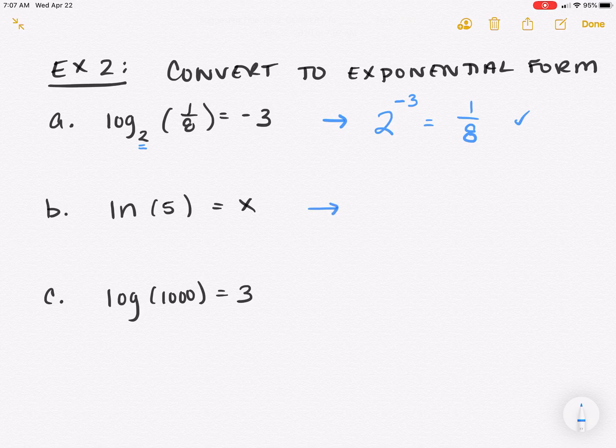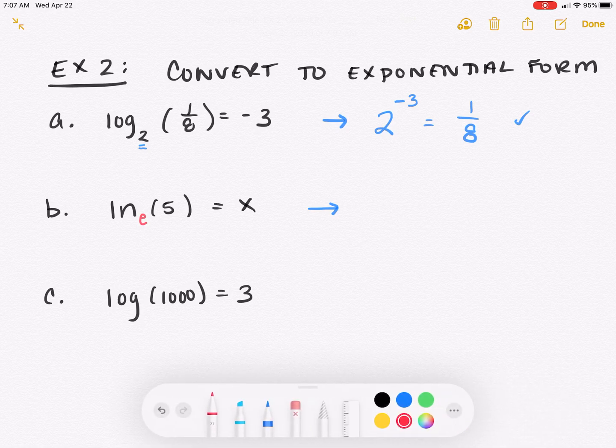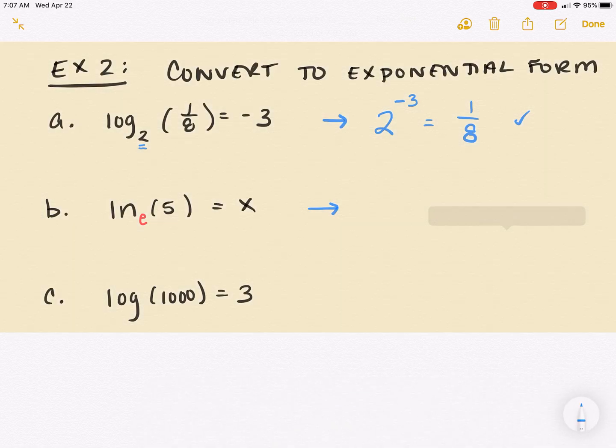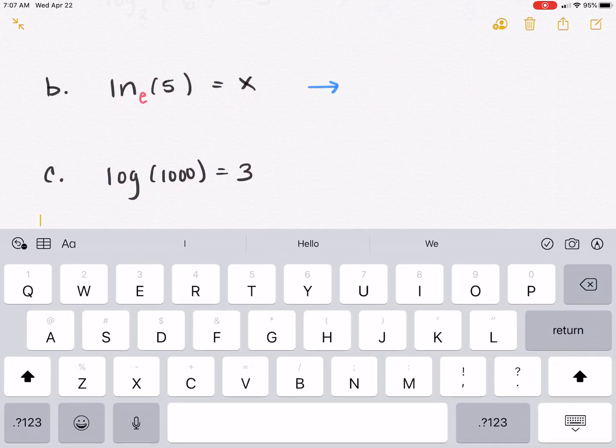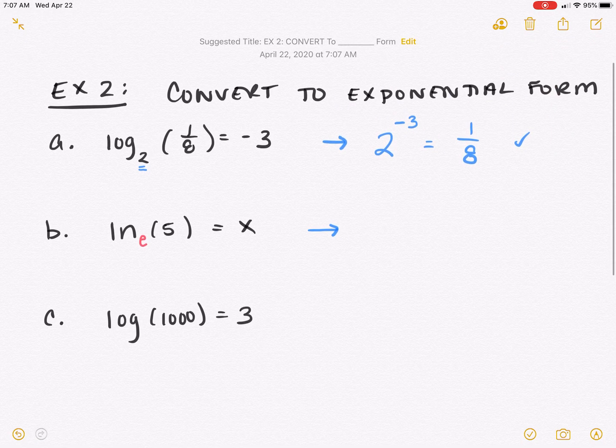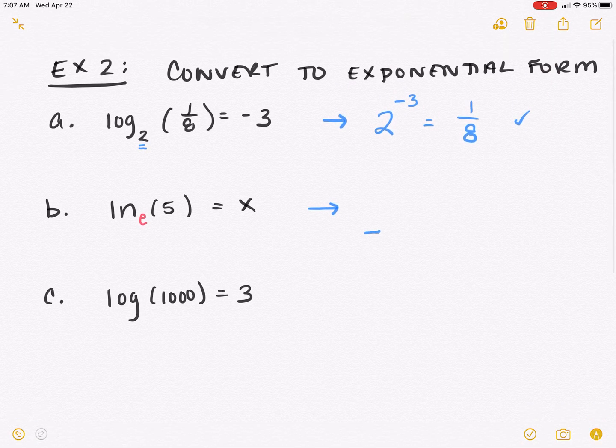So again, now I have the natural log. What I would recommend is knowing that the natural log has this irrational base e, okay? So when I convert it, it's going to be base e to the x power is equal to 5.